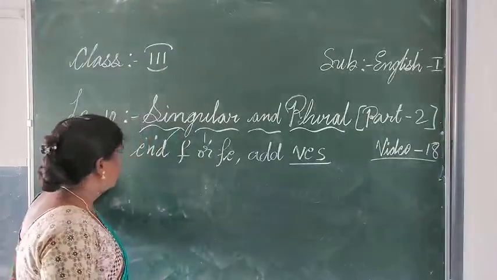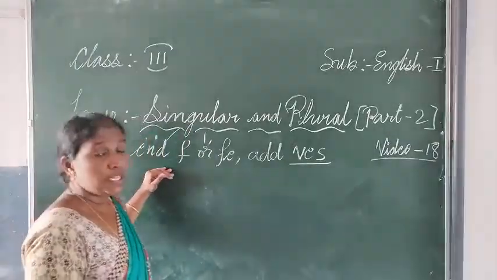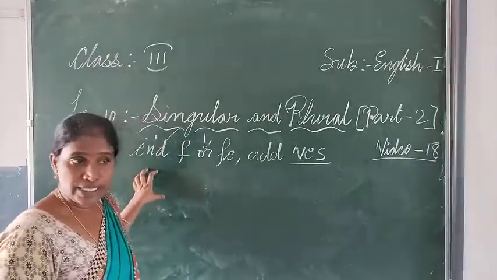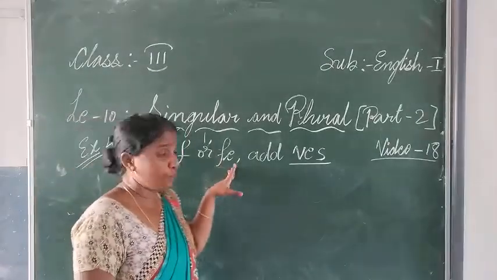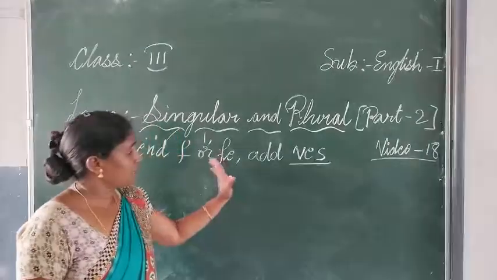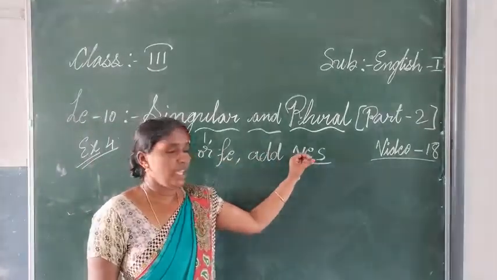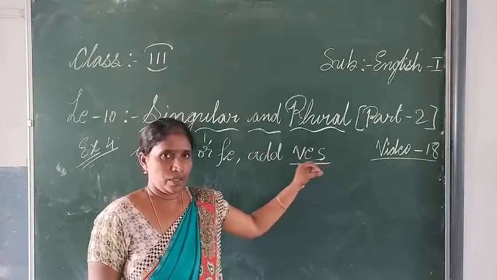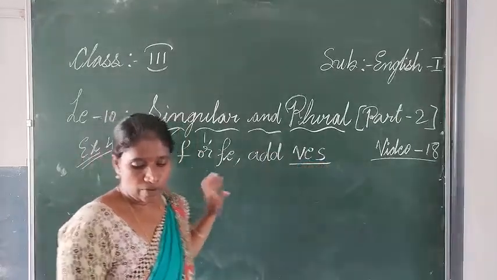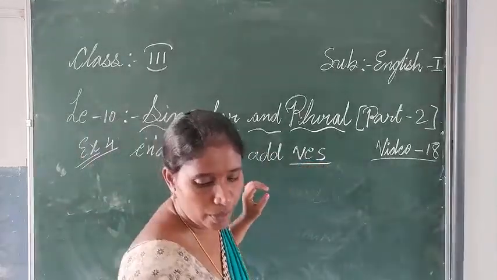Now exercise number 4: if the word is ending with F or FE, instead of this, what we have to add? V and, as usual, ES. Clear this much? So now we will see the exercise.